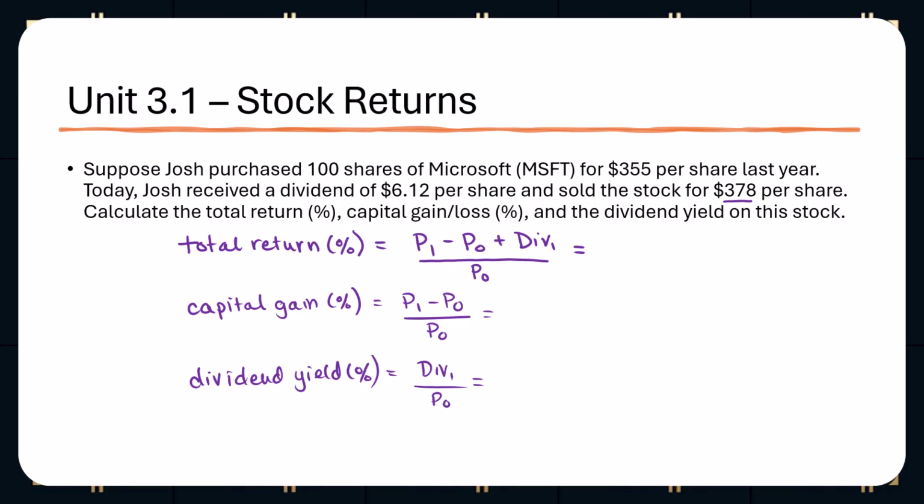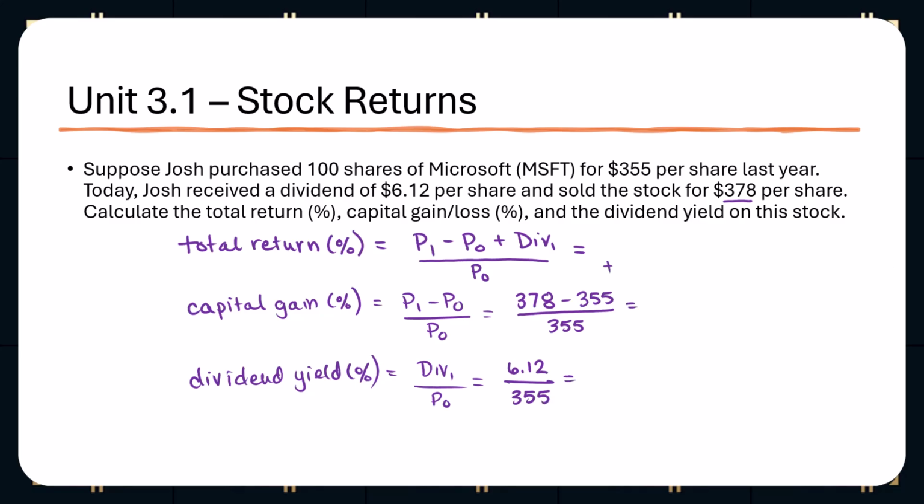So for the capital gain, we take the price he sold it for, the $378, minus the price he paid for it, that's the $355, all divided by $355 per share. Then for the dividend yield, we take the $6.12 and we divide that by 355.